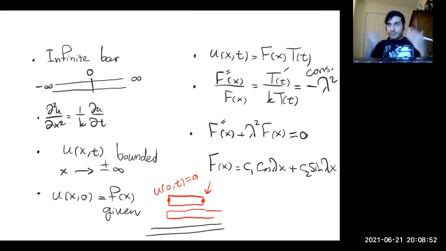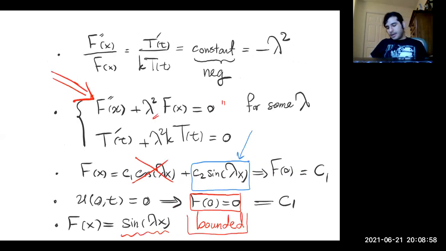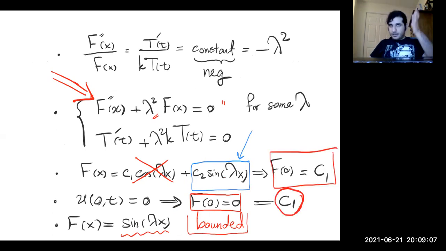In the previous example, if we go back here for a second, we learned C1 is 0 because C1 happened to be equal to f of 0, and the boundary condition told us f of 0 is 0. So we understood cosine does not appear. Here we don't have that anymore.